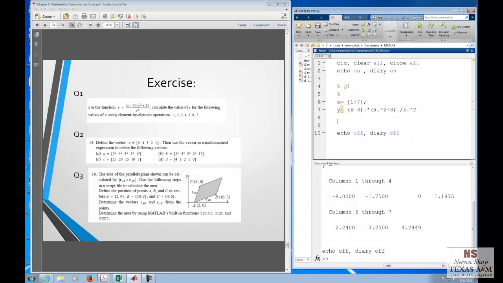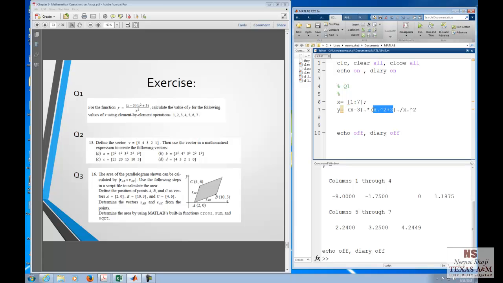Let's work on some questions from your textbook. x equals 1 to 7. So for question 1, we have x going from 1 to 7 and y is given as the following expression. So you put that in with the dot before the multiplication and exponentiation as well as the division. The first operation is always for the brackets.